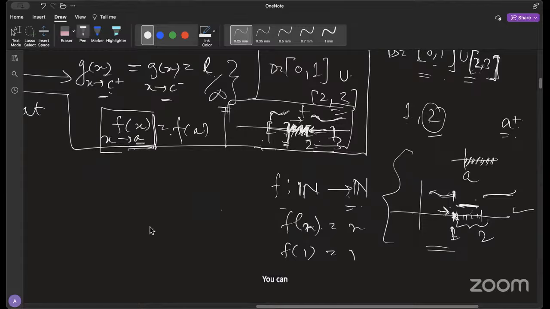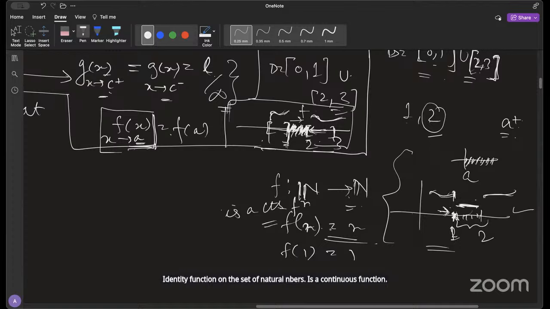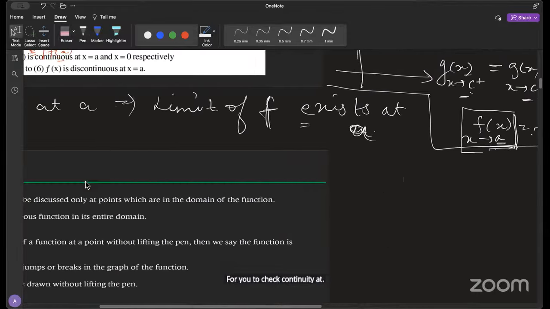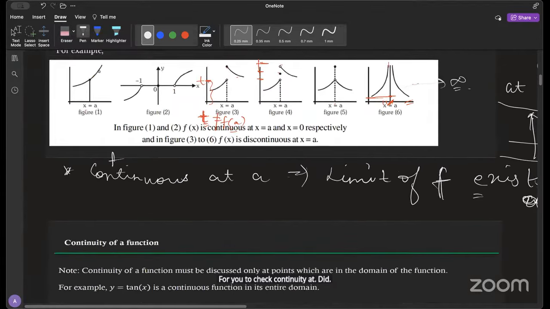You can check the continuity at 1, and this function, the identity function on the set of natural numbers, is a continuous function. Ma'am, why can't we check it at 0.5? Because it's not in the domain. For you to check continuity at, should I write this thing down?